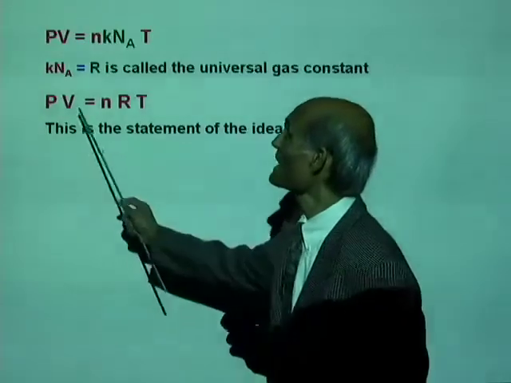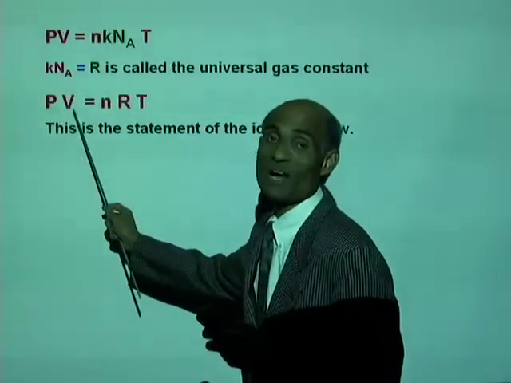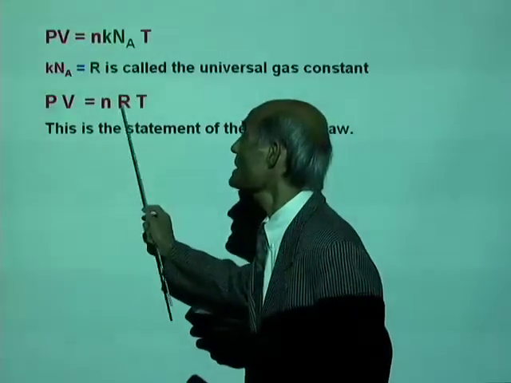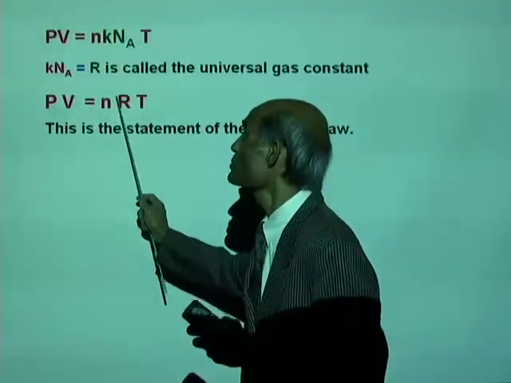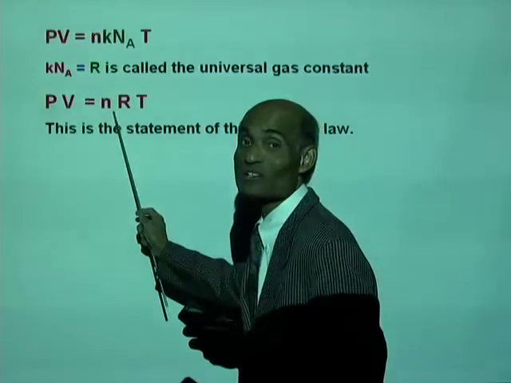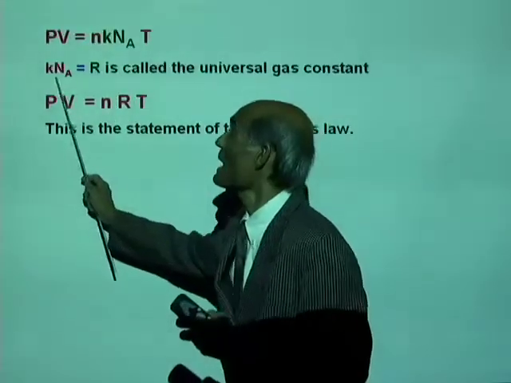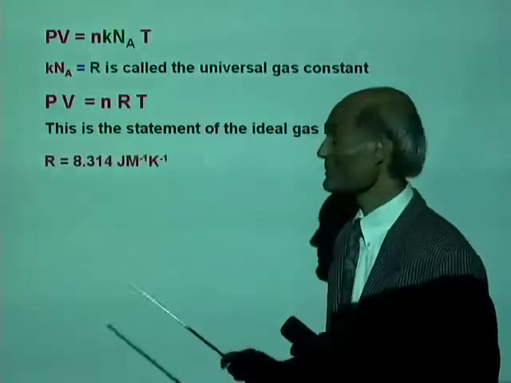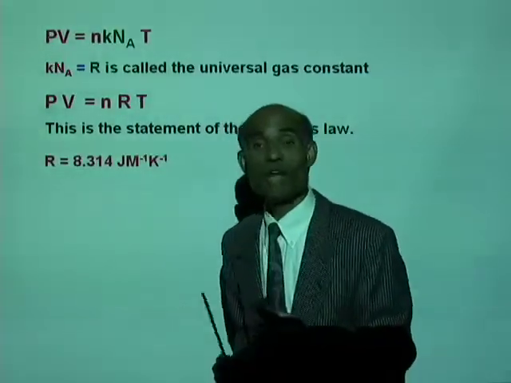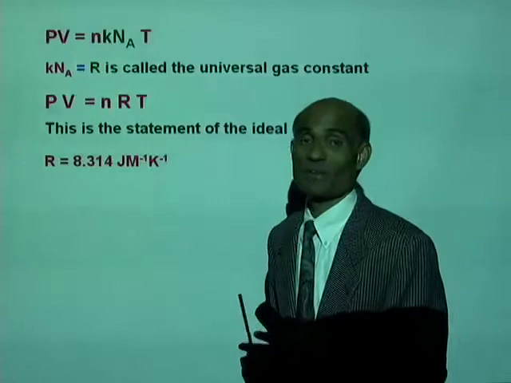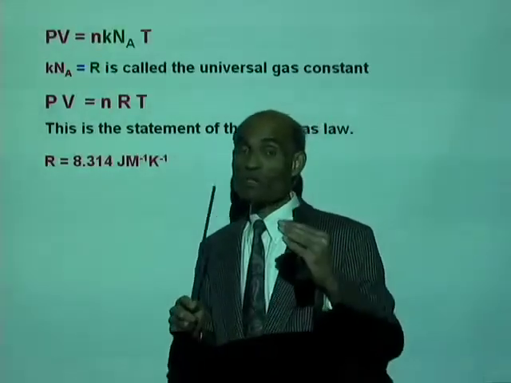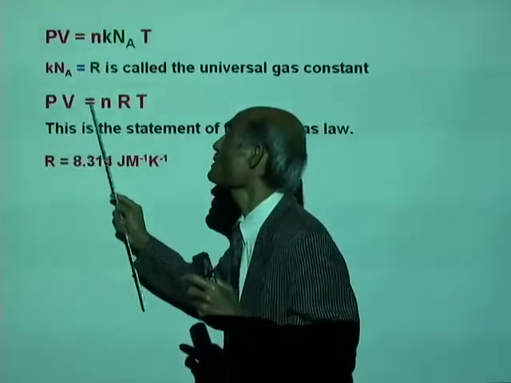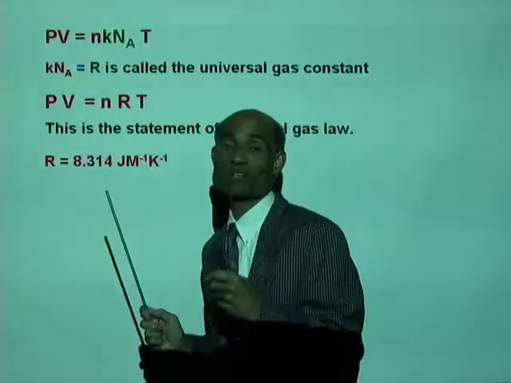So what does the ideal gas law tell you? Pressure times volume equals nRT. n is the number of moles, R is the universal gas constant, which is given by K times Na, times T. And I'm going to give you a couple of values for R. The values of R will depend on the units in which pressure, volume and temperature are measured.